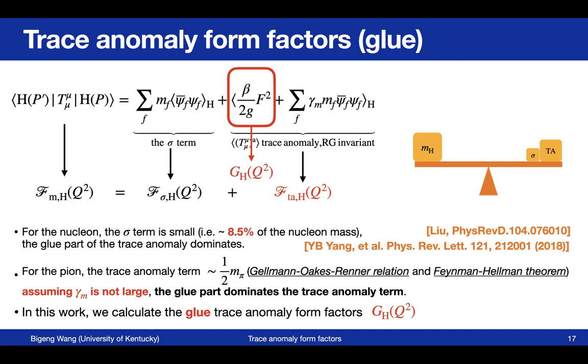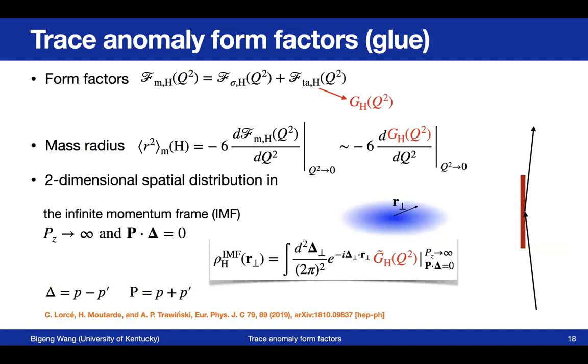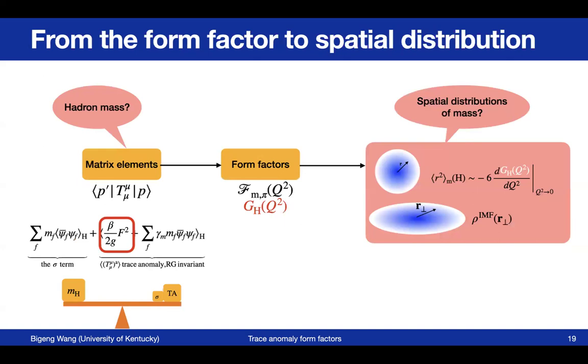So for now, just temporarily in this work, we calculate the glue part and call this trace anomaly form factor GH in our calculations. All we need to do is replace all these form factors in the previous slide with this G factor for the glue, and everything else follows the same way.